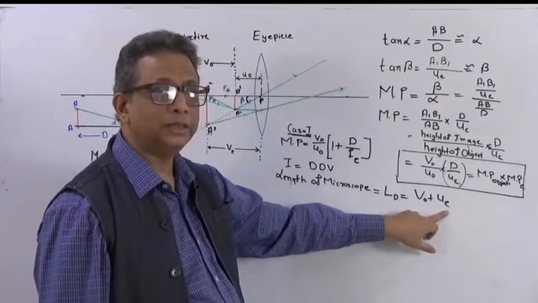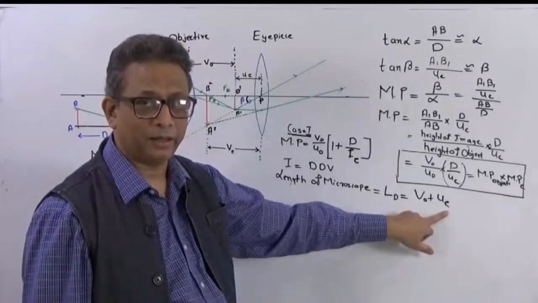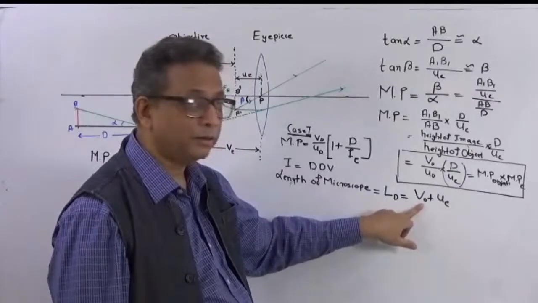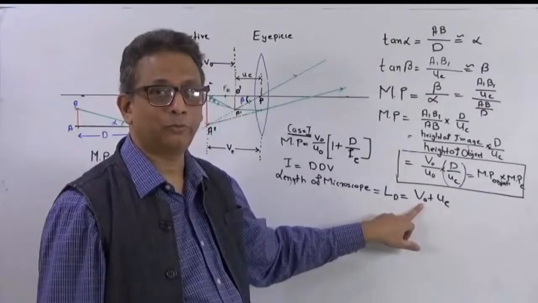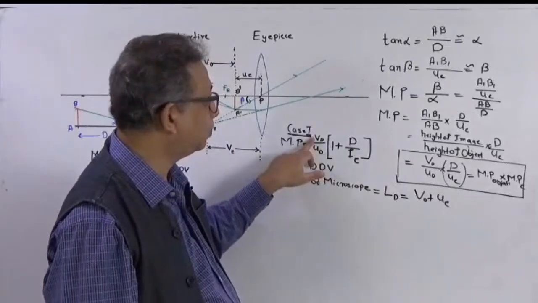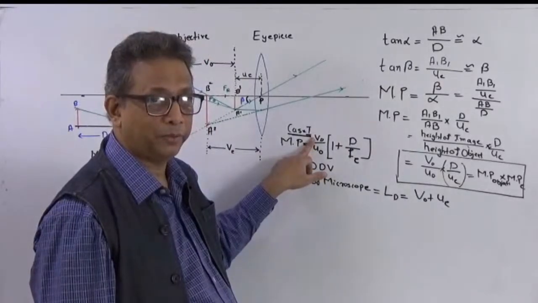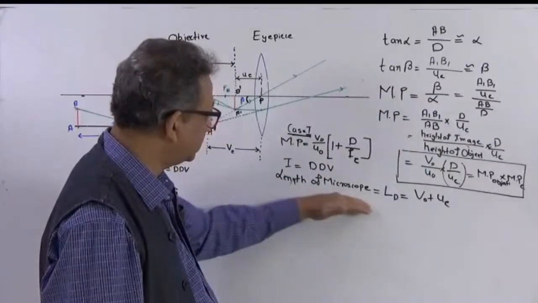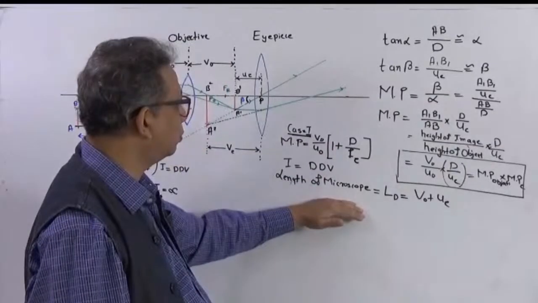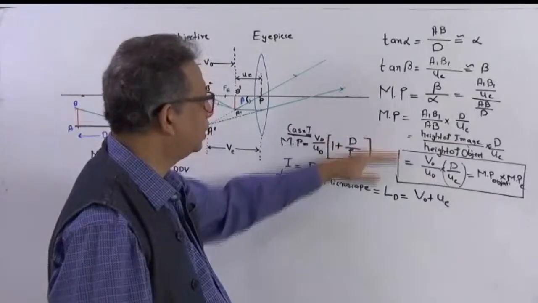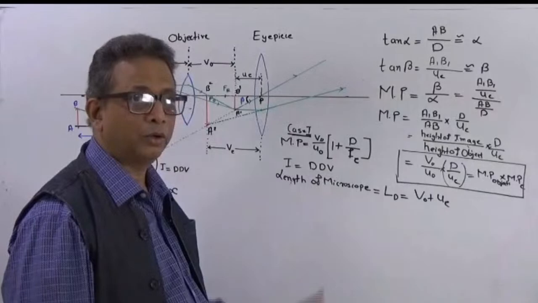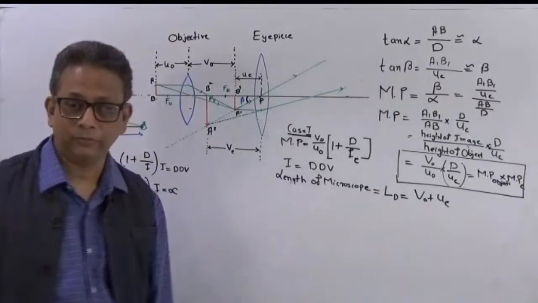Now if they specifically tell you UE is so much, from that you can find V0 if the length of the microscope is given, and this V0 you can replace over here to find the magnifying power. So all these words, the sentences, as I say, the length of the microscope, magnifying power of a microscope, DDV, all these words are very important when you are going to solve problems of this type.